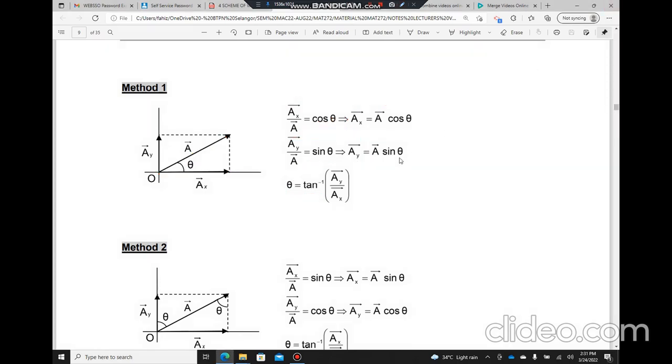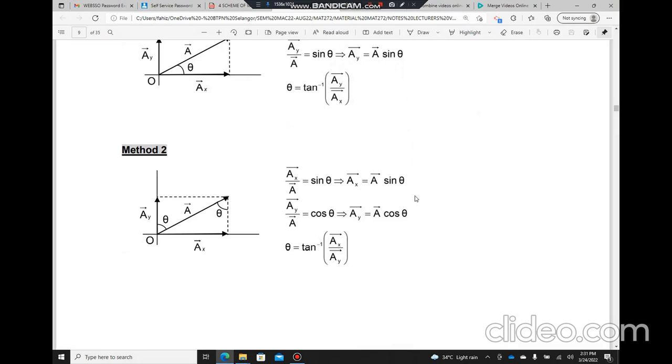Okay, then satu lagi untuk method 2. Okay, method 2 pun sama. Saya rasa sama je yang kat sini. Cumanya tengoklah depends kalau dekat sini dia letak theta ni kat sini. Tadi theta dekat sini. Tapi konsep dia sama.